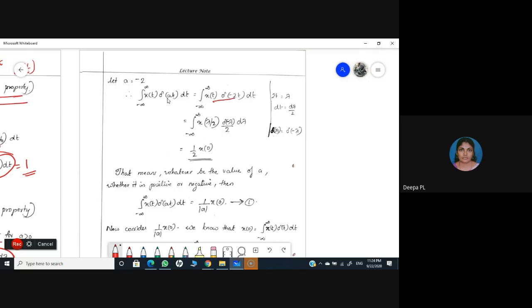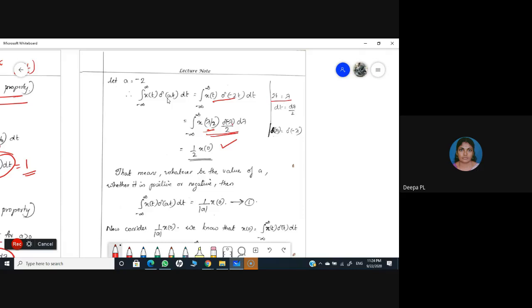If I replace 2t with lambda, I get x of lambda by 2 into delta of minus lambda. Here also, if I take the product, this will be replaced with x of 0, because delta of lambda has a non-zero value only at lambda equal to 0. Therefore here also I can replace it with 1 by 2 into x of 0.